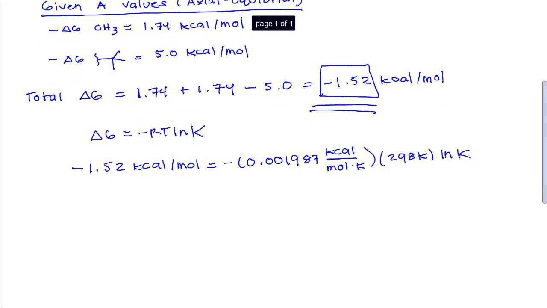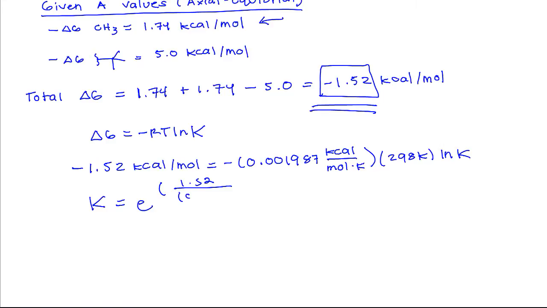Okay, so the next thing is we have to solve for K. So K is going to be e to this whole thing. We're going to have the negatives cancel out, 1.52 divided by 0.001987 times 298. So this whole thing.